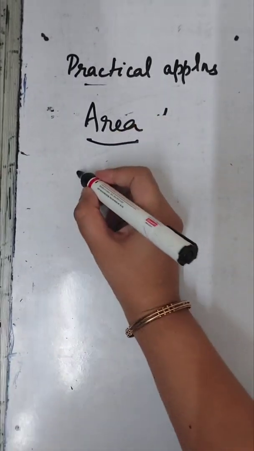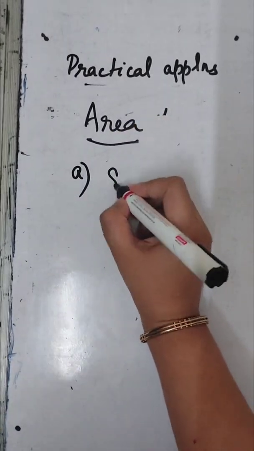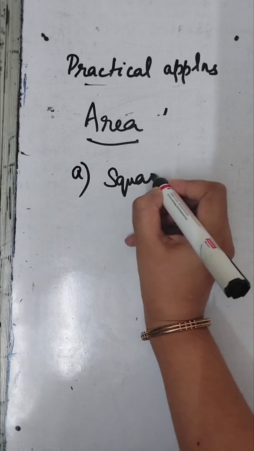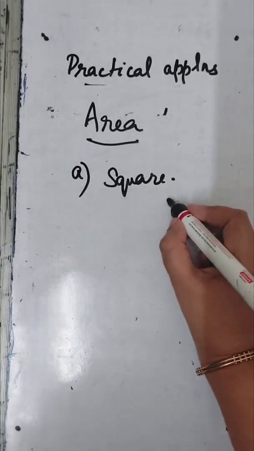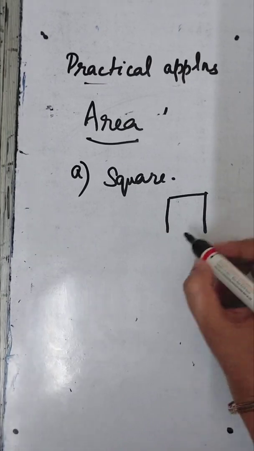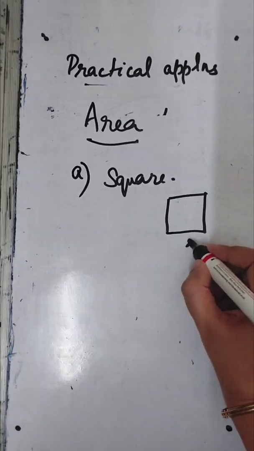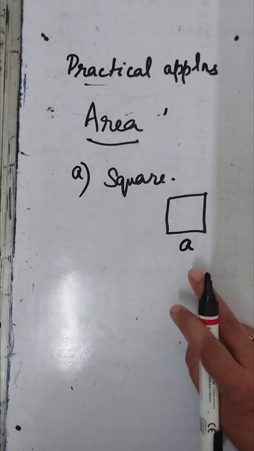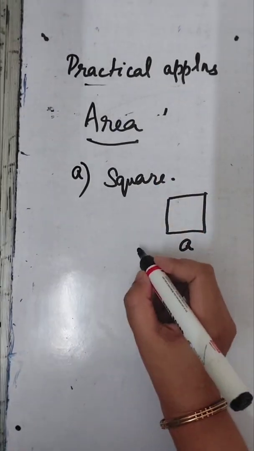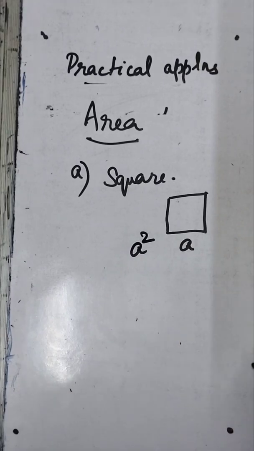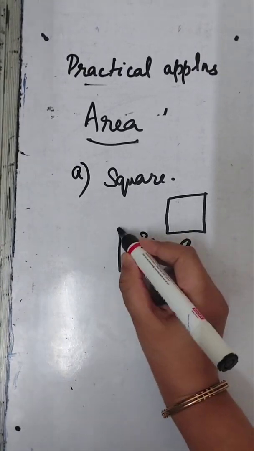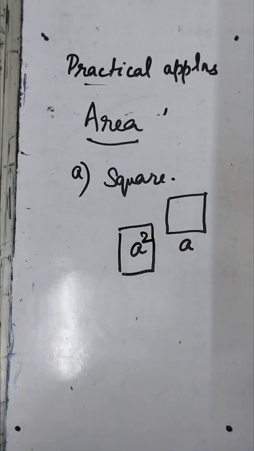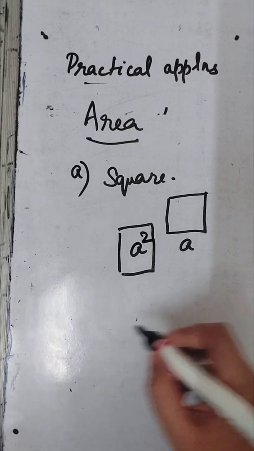Okay, so the first one is the square. So let A be the length of one side. So what is the value of the area? It is A squared, right? So this A squared is again an algebraic expression, right?